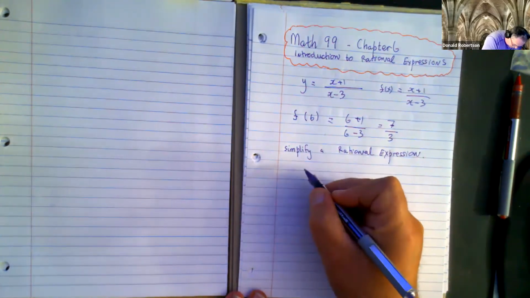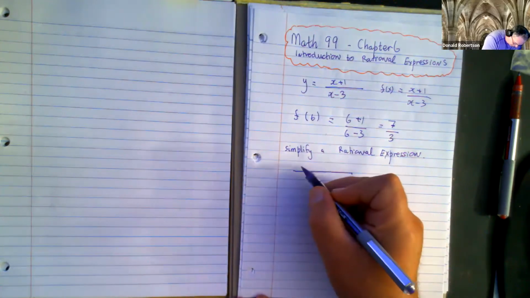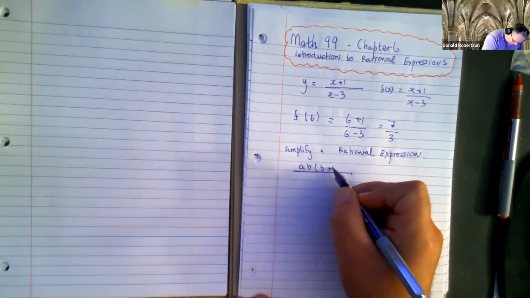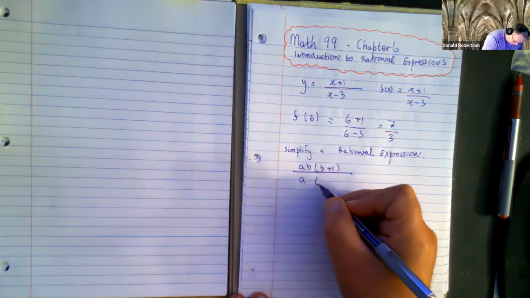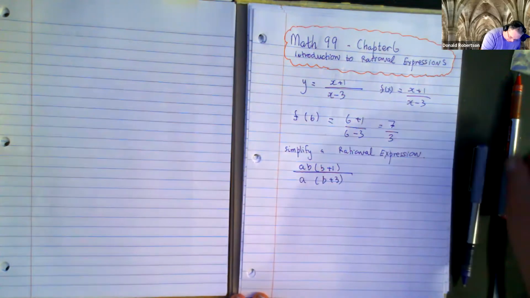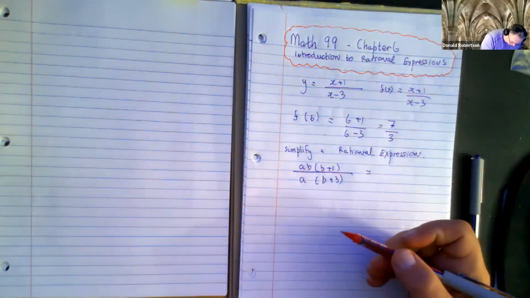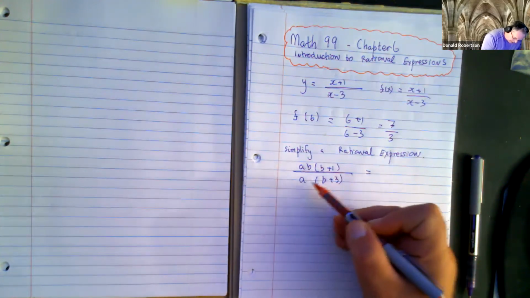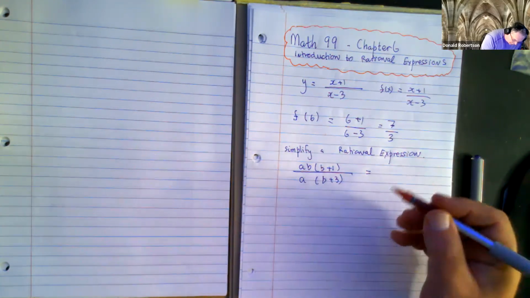For instance, if I give you a rational expression, let's use a, b plus 1, over a, b plus 3, you are allowed to simplify an expression like this, and the rule is any factor on the top, the numerator, can cancel out any factor on the bottom, the denominator, on a 1-to-1 basis.